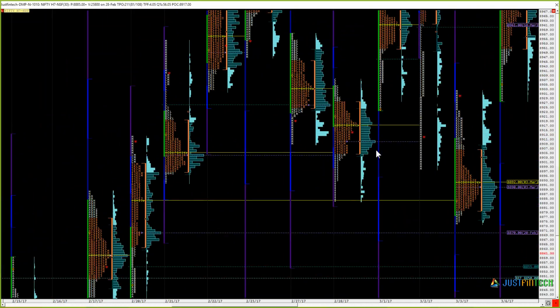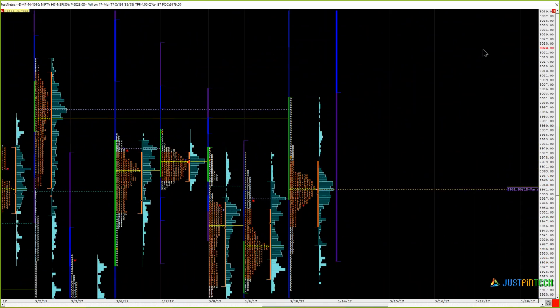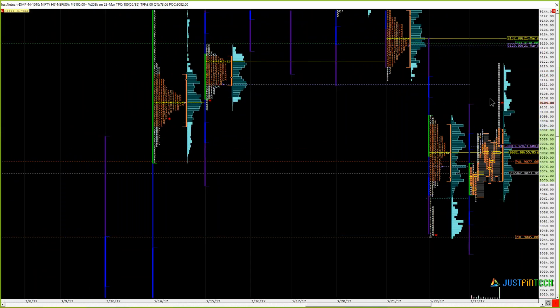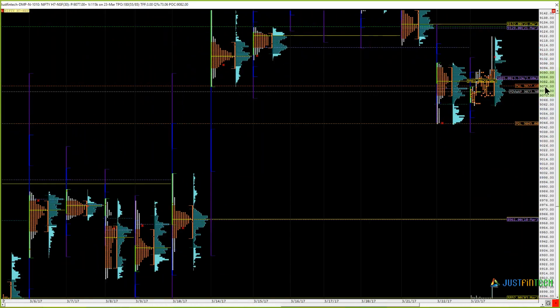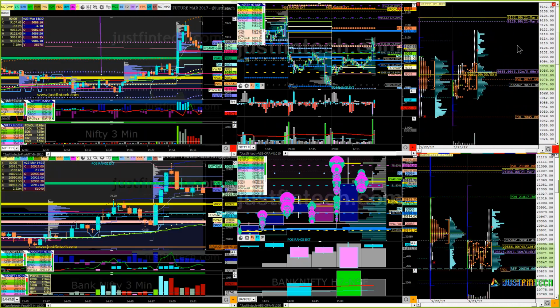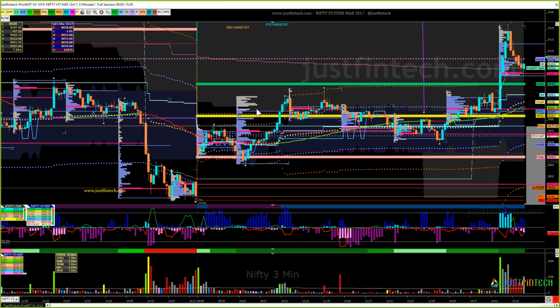So now let's go to the 3-minute chart and check what happened during the day. So we get an open above this lower balance.